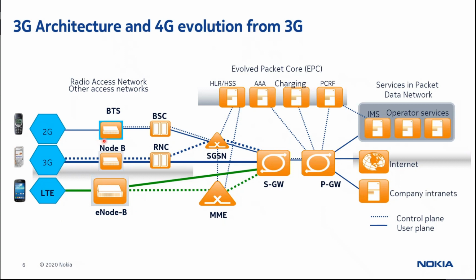One important thing that you have already noticed is the kind of interfaces that are there in between. What you see here is a solid line, and there is a dotted line as well.